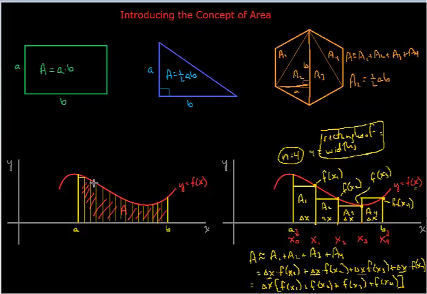So you can notice the error between the curve and the rectangle is smaller here than it is with just 4 rectangles.